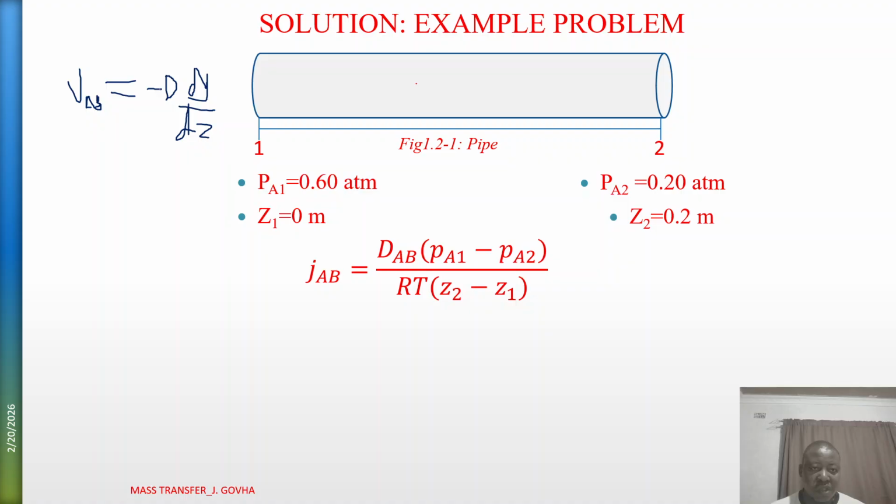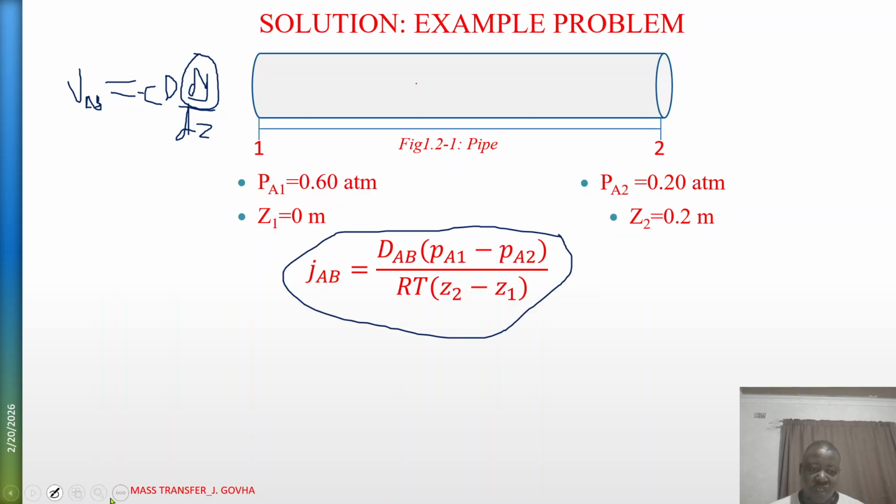I had left out a C there, so C, and we put our negative. Then we need to replace this using the relationship between partial pressure and mole fraction. After integrating that, we arrive at this equation.